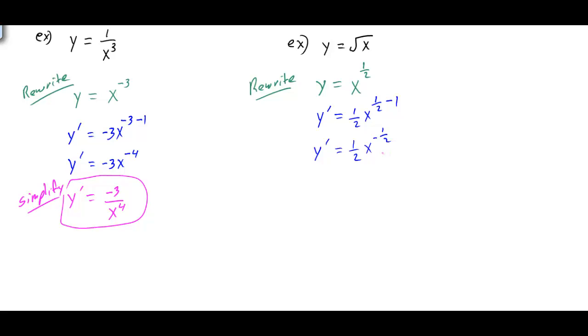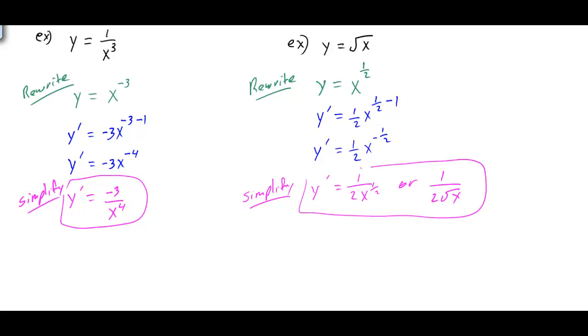And a lot of times it's not too big of a deal to leave your exponent as a negative, but if we want to simplify this, we could write it as 1 over, and again the 2's in the denominator, move the x down, and we get x to the positive 1/2, or we could write this as 1 over 2 times the square root of x.